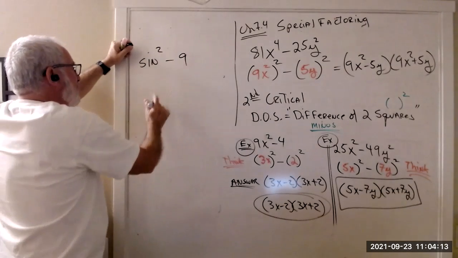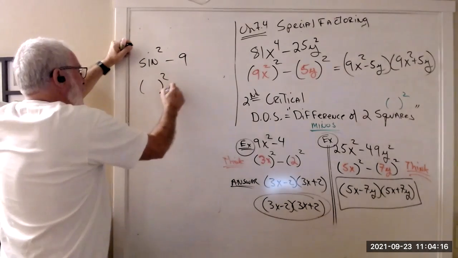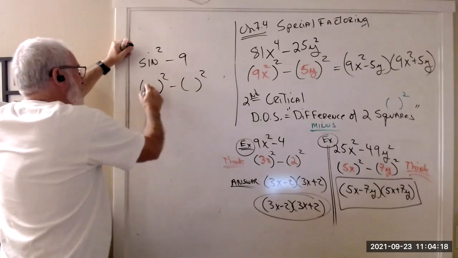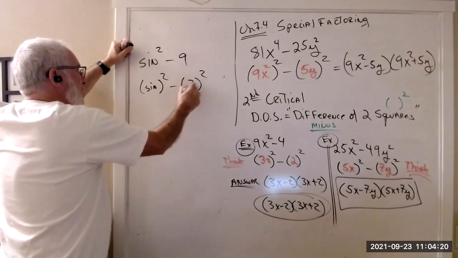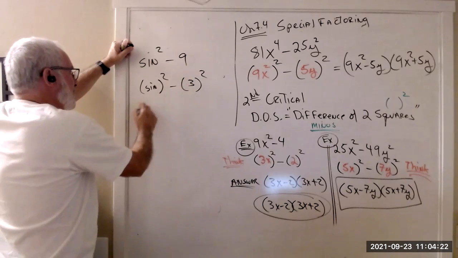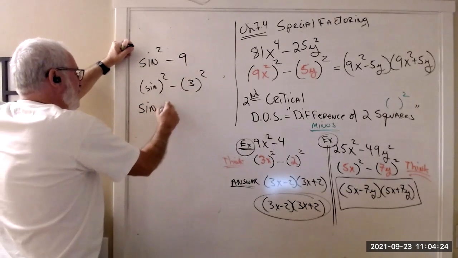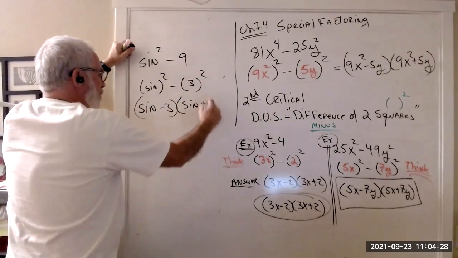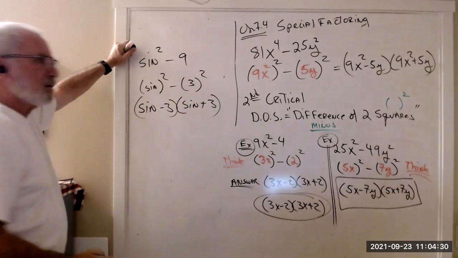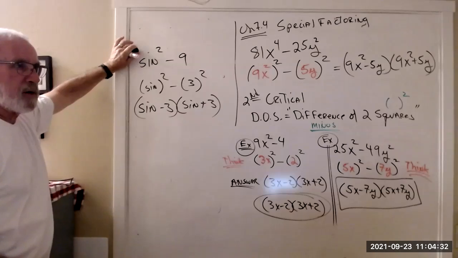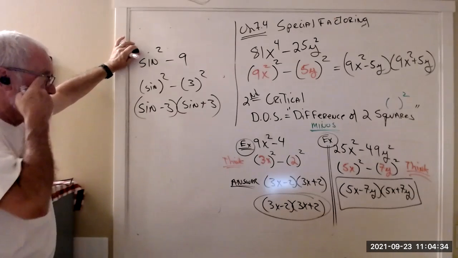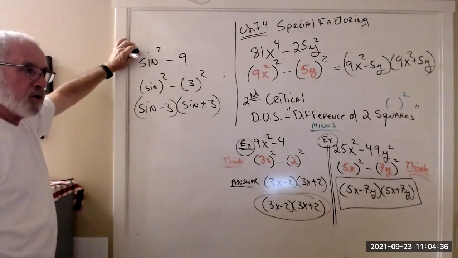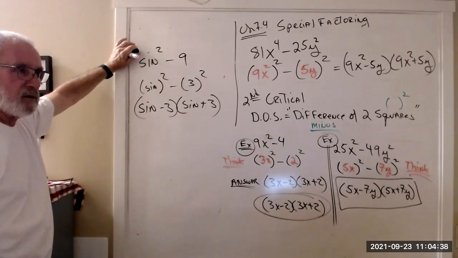You need to be able to see this as somebody squared minus somebody squared. So you have sine and 3. And this becomes sine minus 3 and sine plus 3. So that's a trigonometry problem that you're going to run into where you have to be able to factor it.